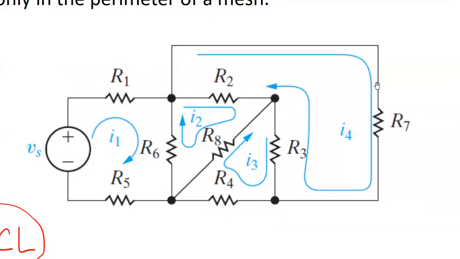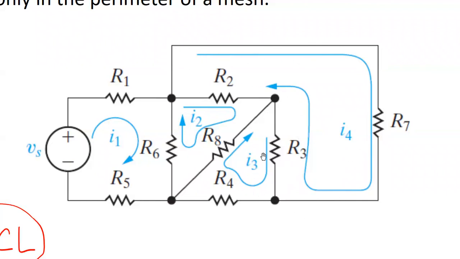So this is the mesh that we specified, and we give it number 4. And this is the mesh current, which flows in this loop. So the mesh current is flowing in the perimeter of the mesh or of the loop.